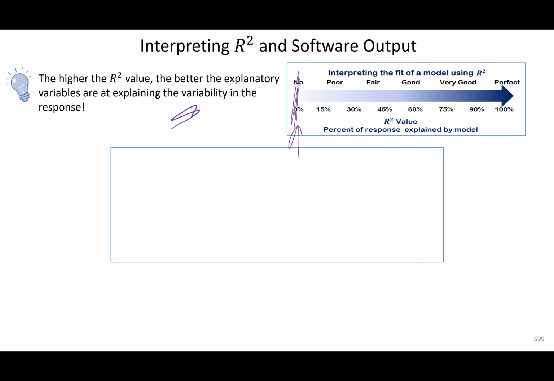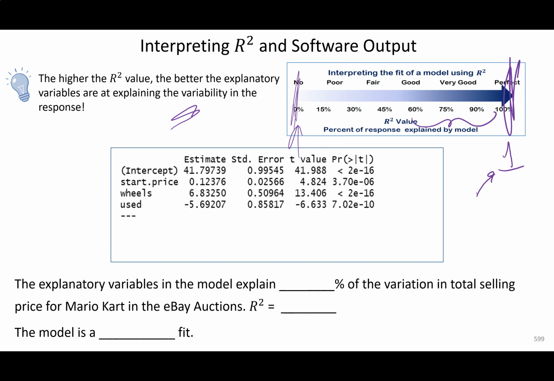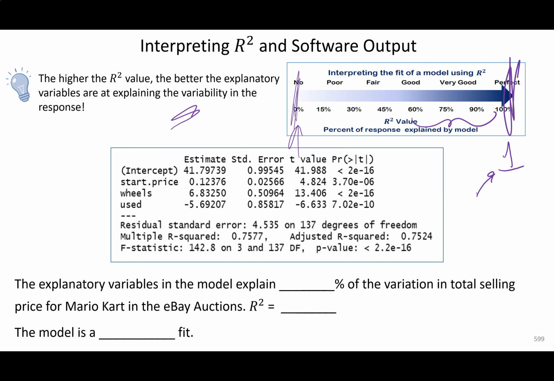The explanatory variables your model has do not help explain what's going on in the response variable at all. All the way to a 1. If you have an R-squared of 1, that means your model explains everything that's going on. Usually this is a bit idealistic. 1 is a bit high. Honestly, we'd love to aim for good to very good. Perfect is less likely. So, looking at our model here, we're going to go ahead here.